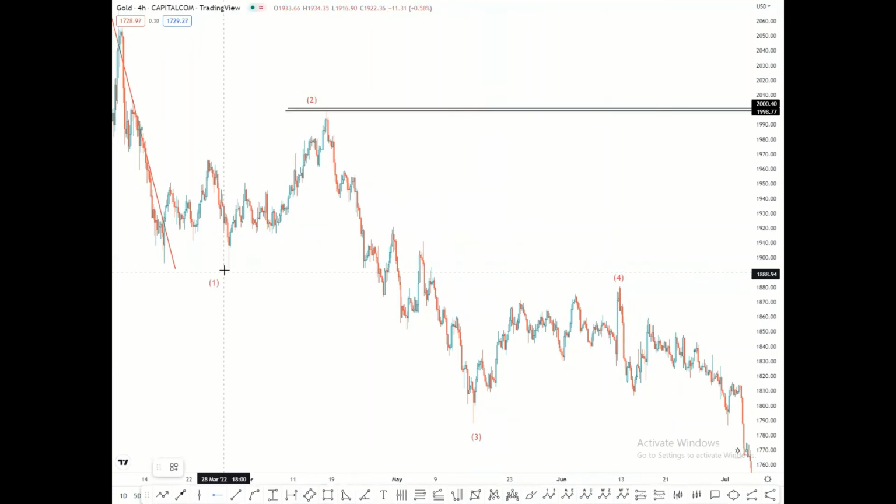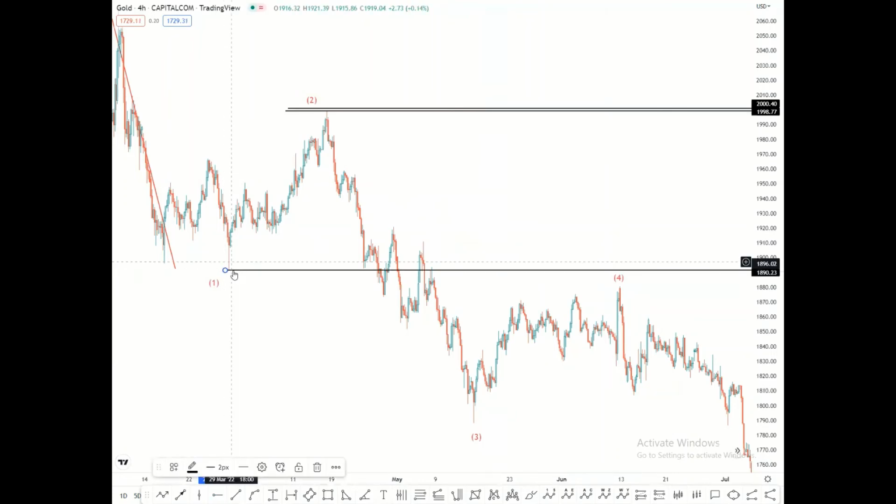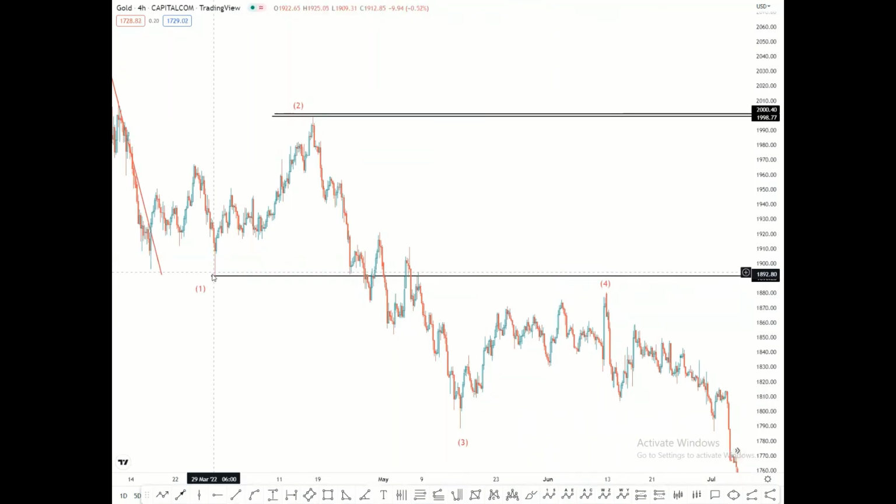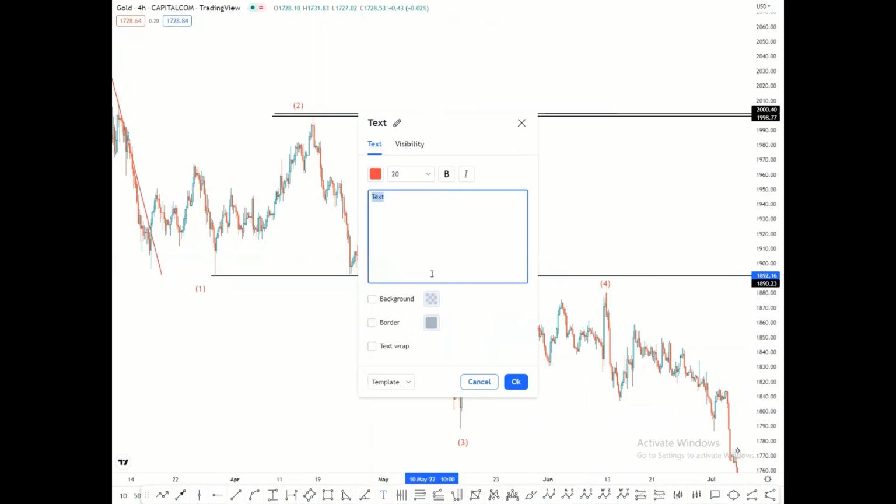We put this line over here. This is where 1 ended, right? This price. So that when this retrace is trying to find 4, you're trying to find the point where 4 can turn, but it cannot reach this. 4 does not touch the price of 1. This is why we called this the invalidation line.